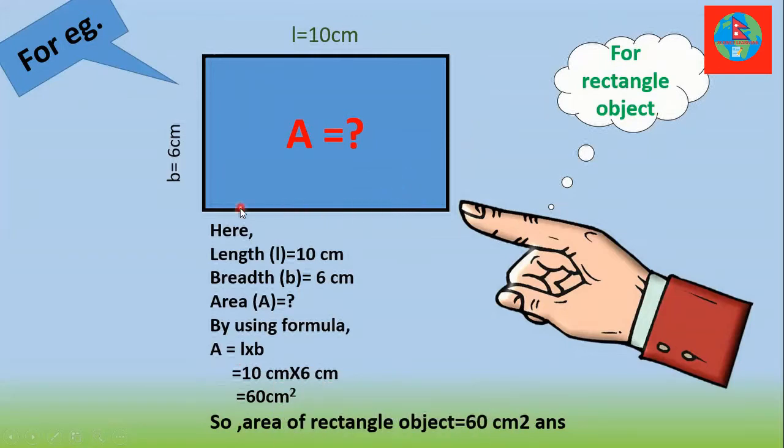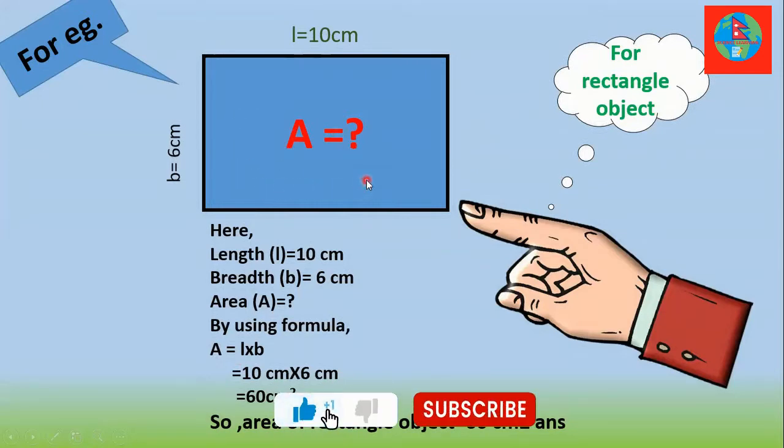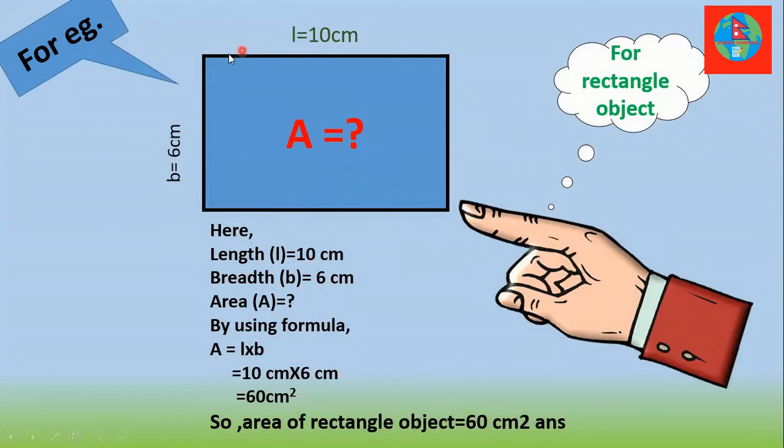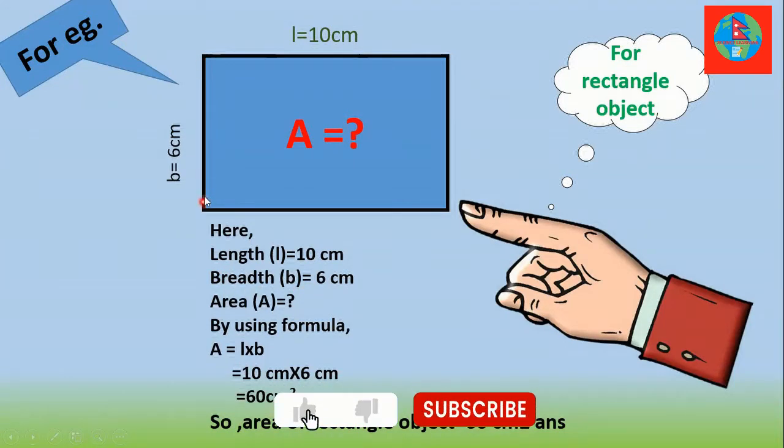Step by step, you sketch the picture of this rectangular object and write: length L equals 10 cm, the longer side, and breadth B equals 6 cm.